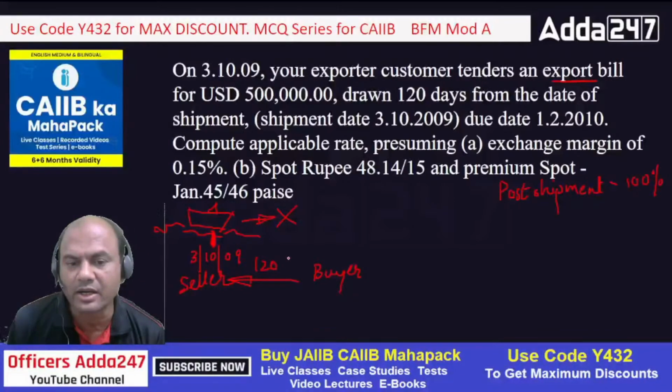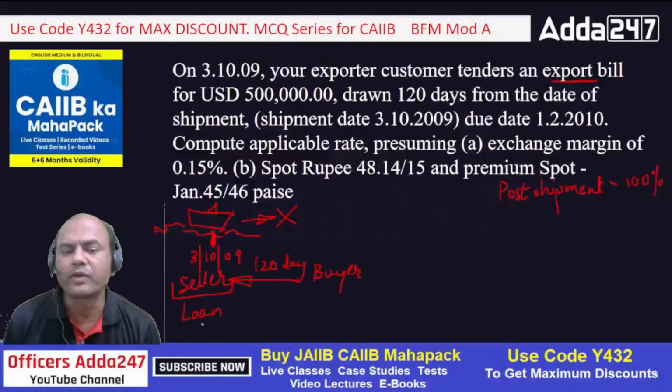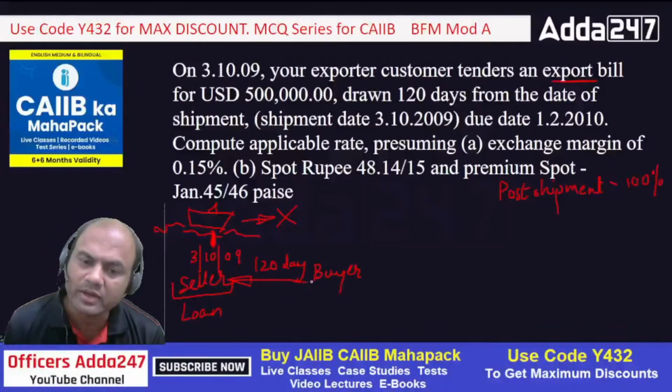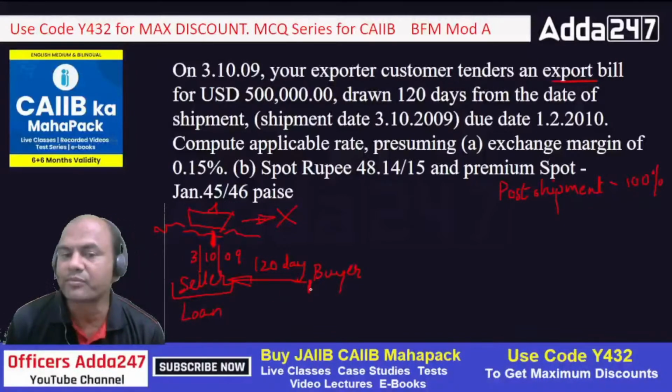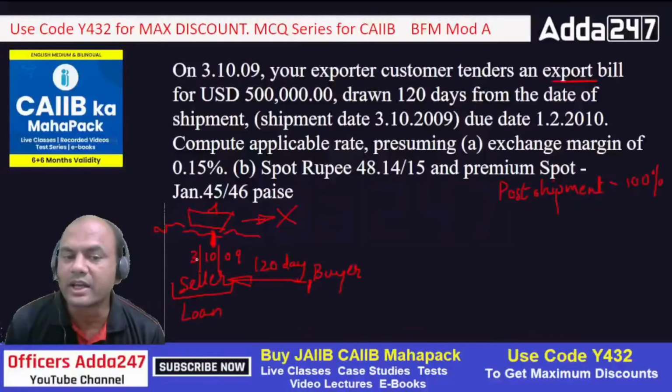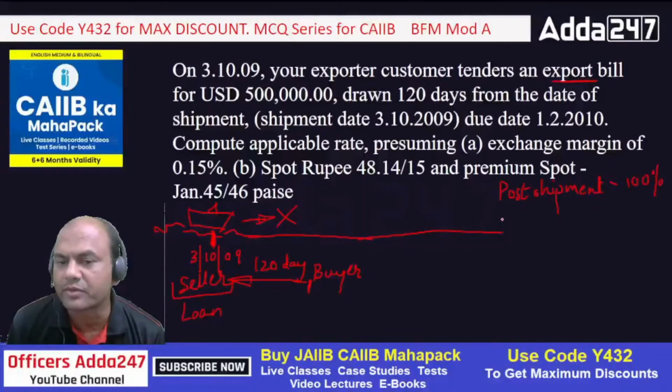If I am the bank and if I give a loan to this seller now, basically a post shipment loan, this loan will remain due for how many days? 120 days, right? So we have to calculate the rate at which we will be giving the loan to this customer. For that, this 120 days is very important. Now let's calculate 120 days. 310. From there you go 120 days. So where do you reach after 310?